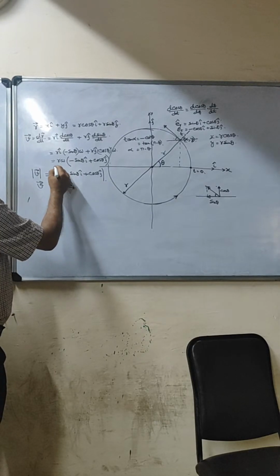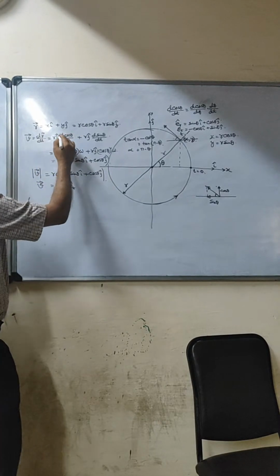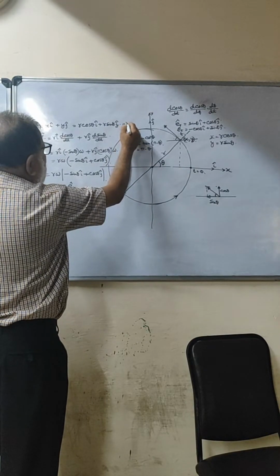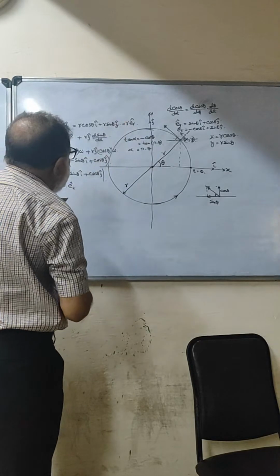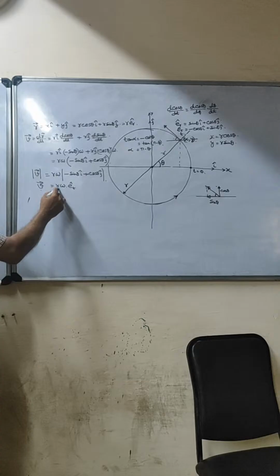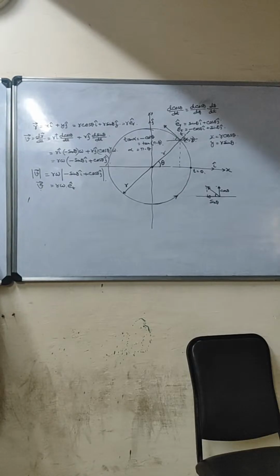Like r bar was r into e r cap, similarly, v bar is r omega e t cap. That means velocity magnitude is r omega.